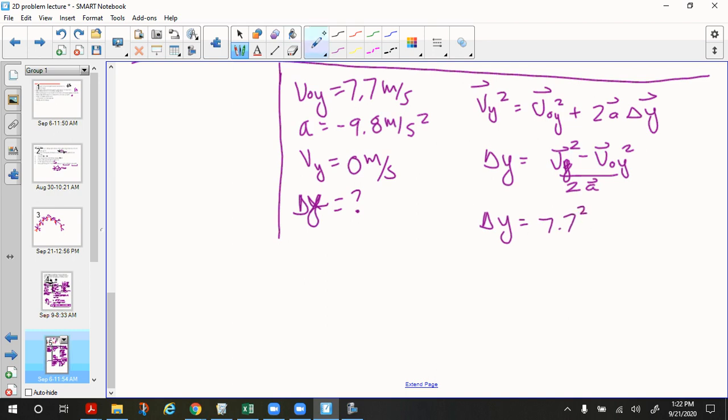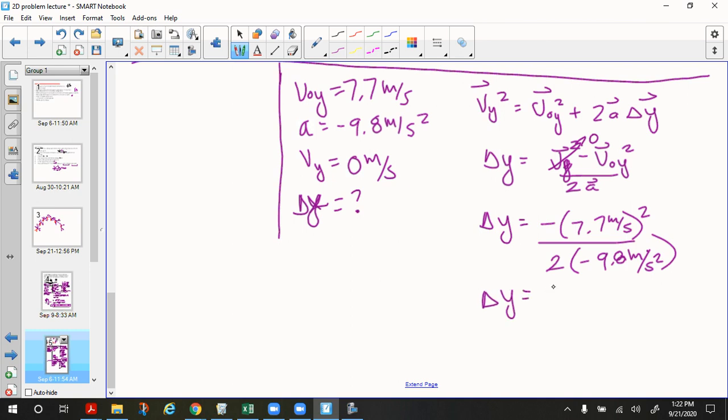Oh, V final is 0. Goodness, I didn't even think about canceling that out. So we get negative 7.7 meters per second squared, divided by 2 times negative 9.8 meters per second squared. And that gives us a delta y equal to 3 meters. Then we have to add the 2 meters for starting position because it started 2 meters off the ground. So we got 5 meters. And that's all.